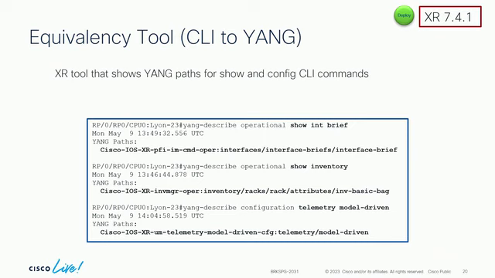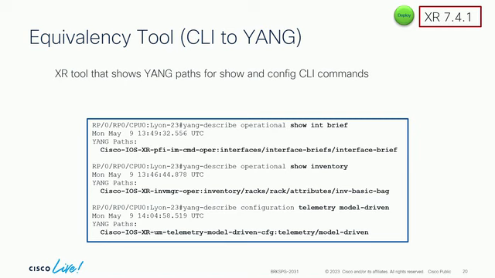Some other tooling which we worked on around programmability to make the consumption easier for our end users, such as the equivalency tool. You can use yang describe, and then it will be operational for some of the commands available to you on an IOS XR device. So let's take a look at the first example. Yang describe, operational, and then show interfaces brief.